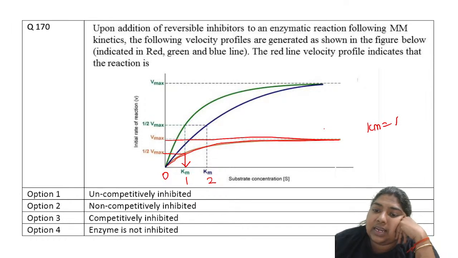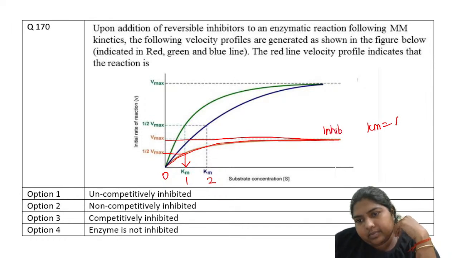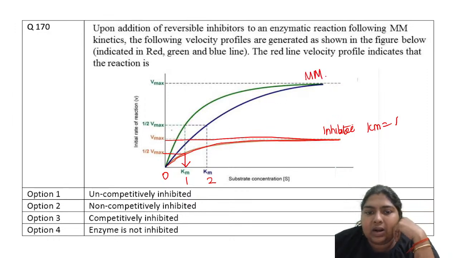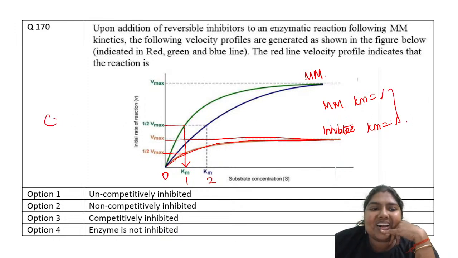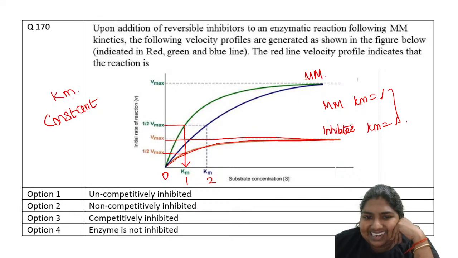So this is for your inhibitor. For your equation, what is the Km? It is also going to be 1. So Km is constant. Got it? Km is constant.